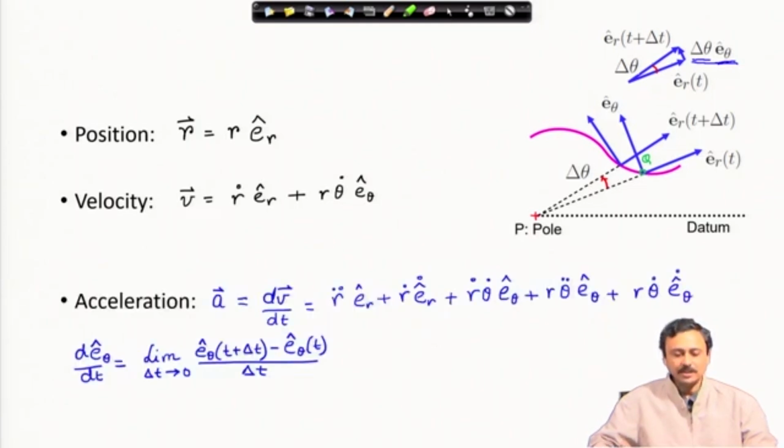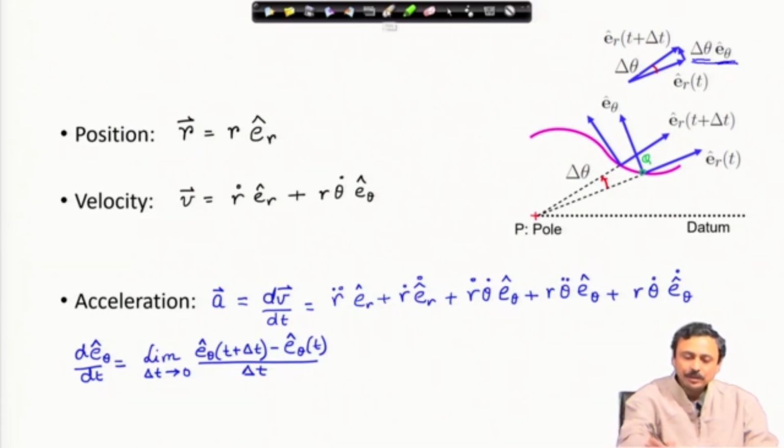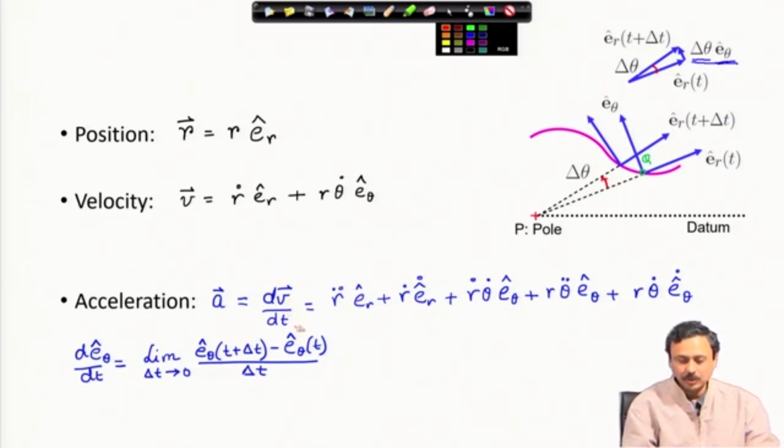Now, we go to acceleration vector, by differentiating the velocity vector we have already found out. So, when we differentiate the velocity vector, we have time derivative of r dot, which is r double dot Er plus r dot times the frame vector dot.